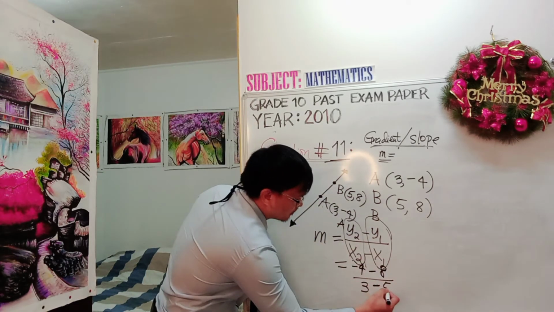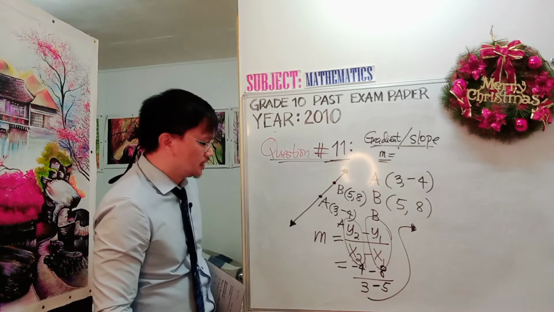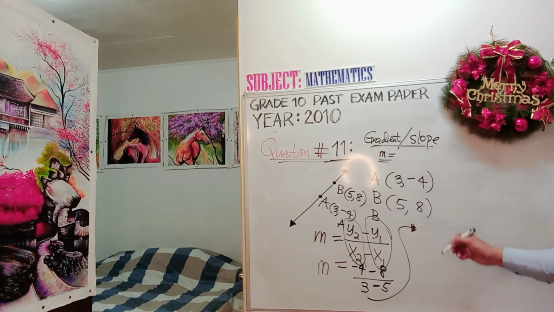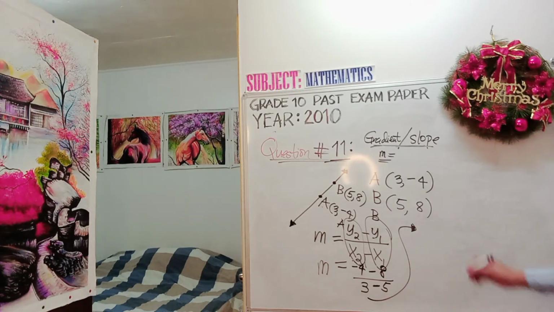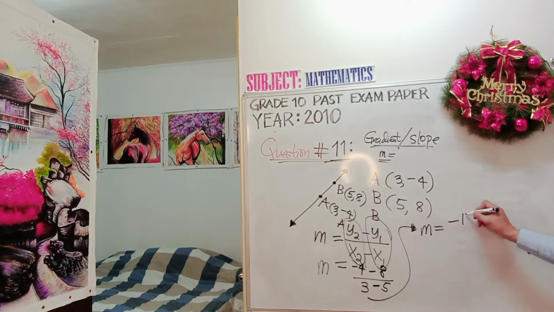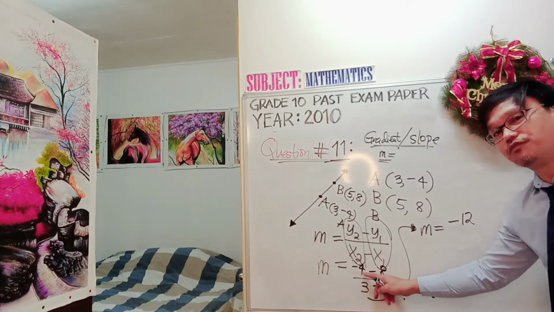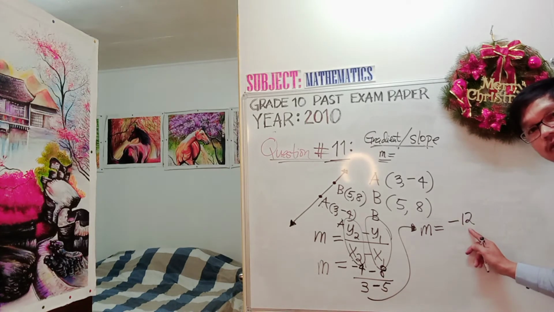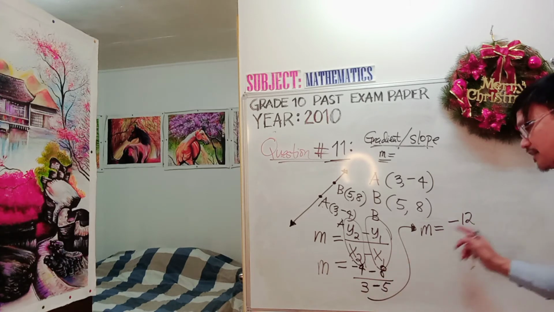Negative 4 minus 8 is negative 12. You understand why?